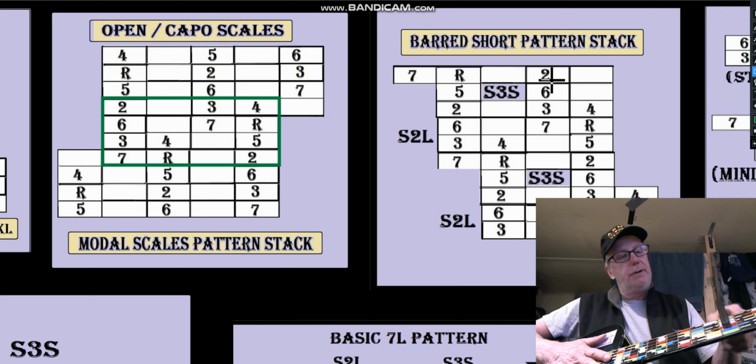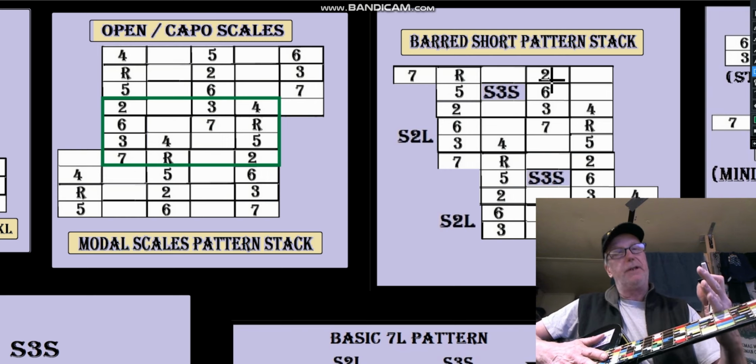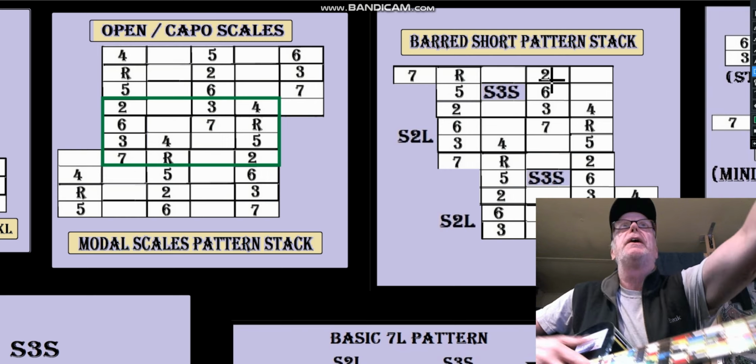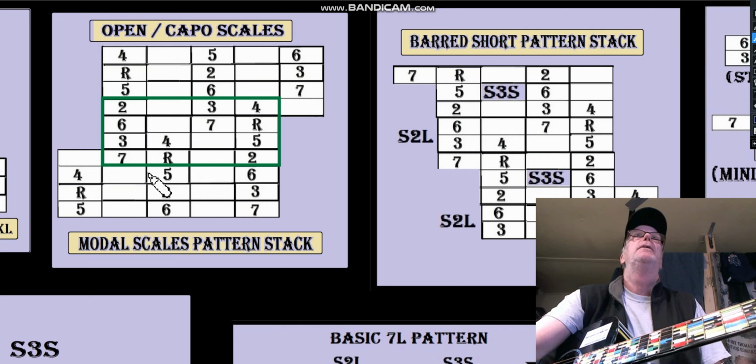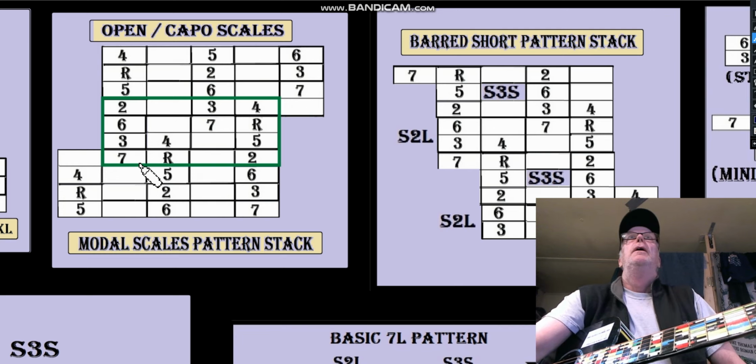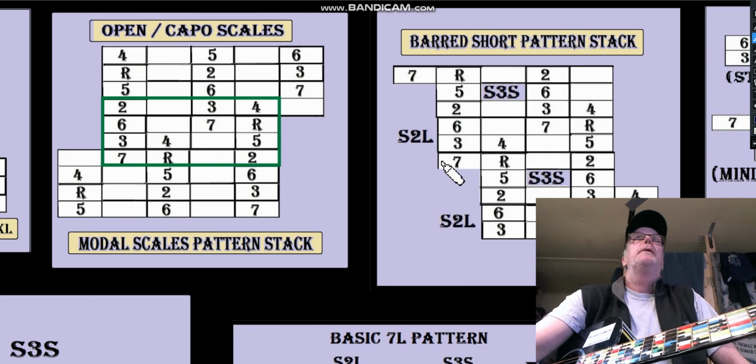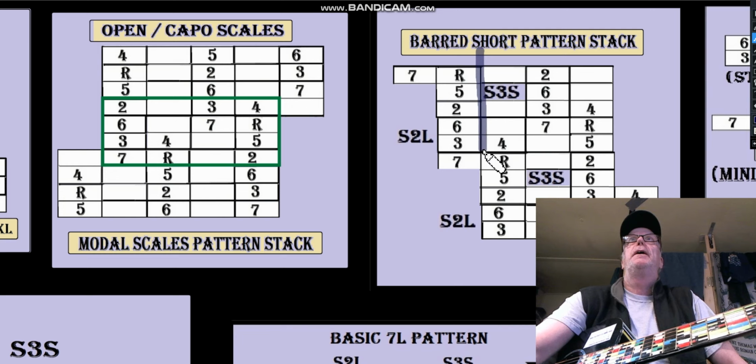Because watch, just pretend that the fret nut is still there, but it's not there. You know what I'm saying? So let's just highlight it. Where are we? We are on the barred short pattern stack, and there's the 3. Here is your fret nut, and we're on this 3 right here.